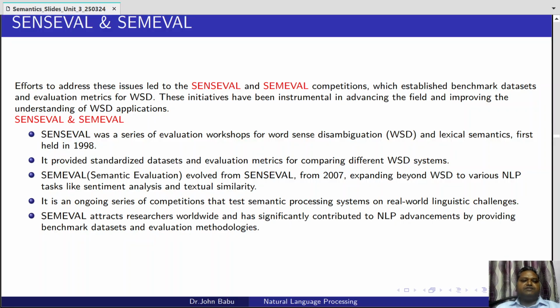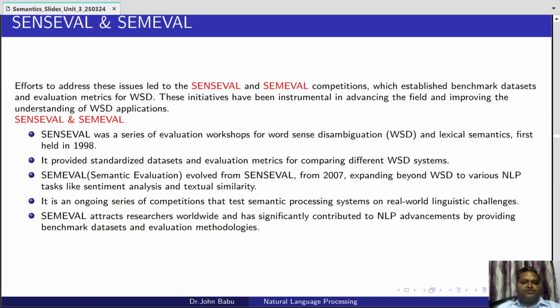From these competitions, the word sense disambiguation problem has been progressing. And from 2007 onwards, apart from word sense disambiguation, they focused on other tasks also, like sentiment analysis and textual similarity. So they changed the name from SenseEval to SemEval, semantic evaluation.